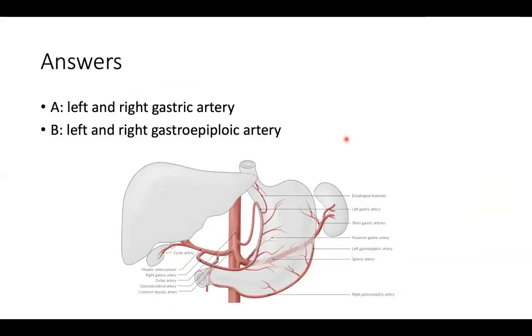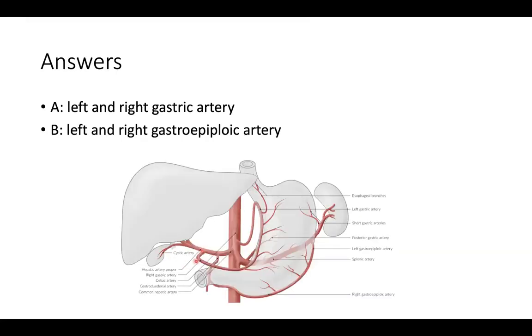So for the lesser curvature, we have the left and the right gastric arteries. And then for the greater curvature, we have the right and the left gastroepiploic arteries. There's a big difference, okay? Epiploic and just gastric arteries.